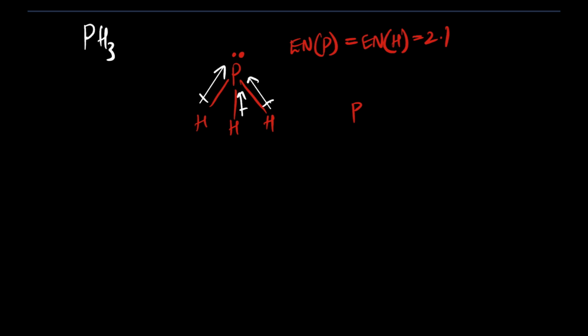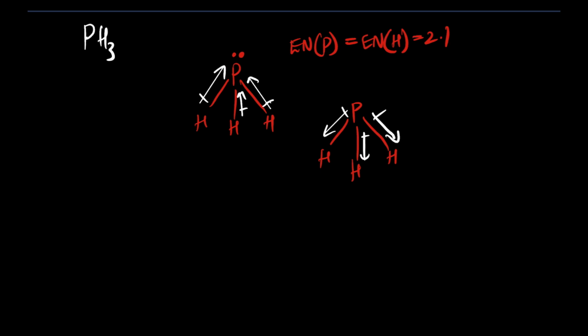or alternatively, if we draw the structure again, we can say the dipole moments go towards hydrogen, but it will tell us the same thing because their electronegativity is the same. If we draw the vector diagram of that, I will start with this one and then this one and this one, right?